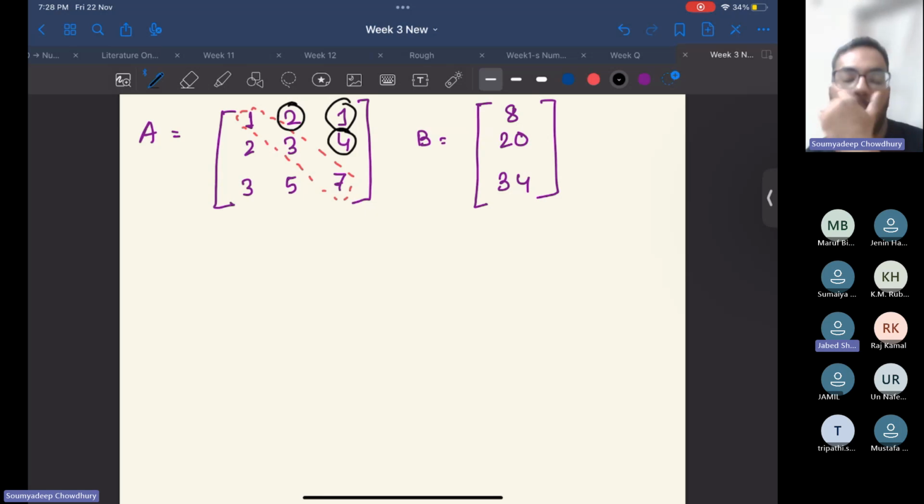Just like we did for the upper triangular. Yes, sir, we can multiply row 1 by 4, then subtract from row 2, put it on row 2.